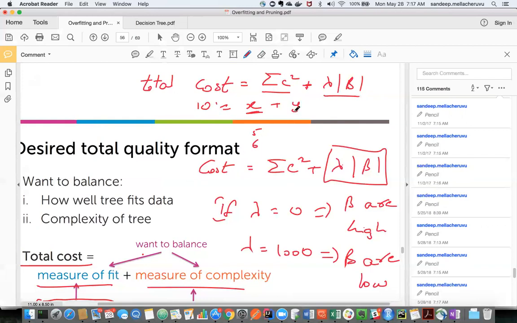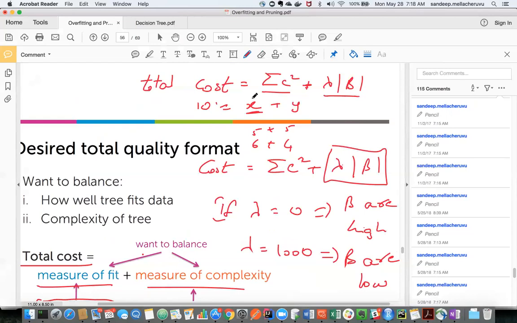Automatically, for this sum to always equal 10, y will decrease to 4. If you increase one quantity, the other quantity will be reduced. Now if you increase y, x will get reduced. Yes or no? Vidya, are you clear? Yes, Sandeep.